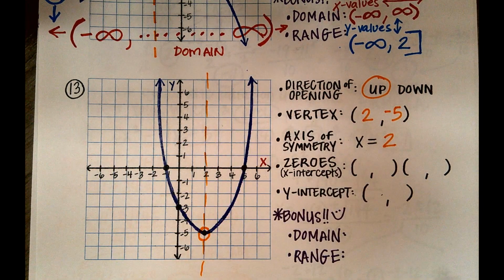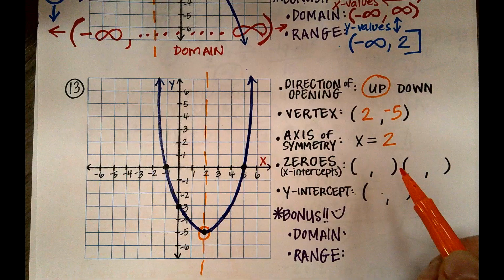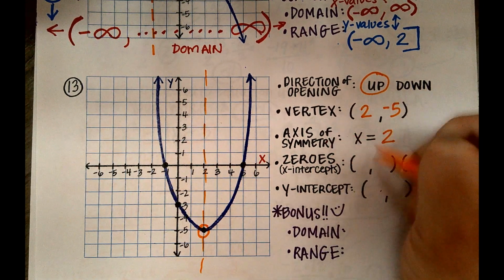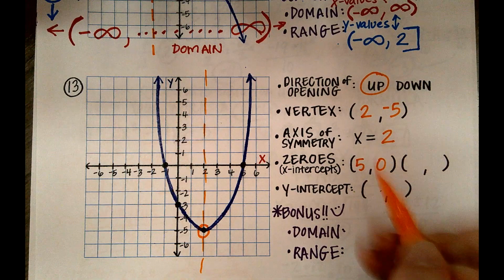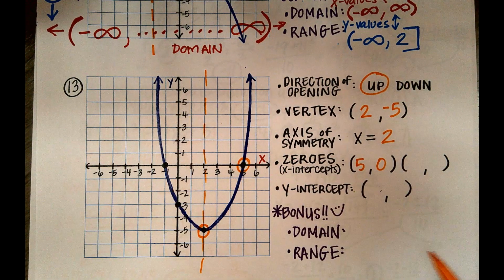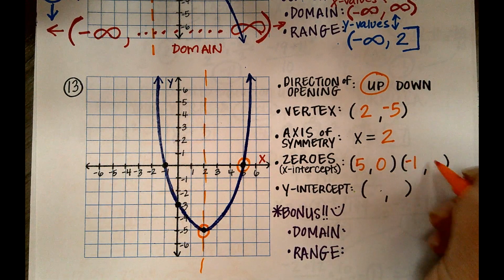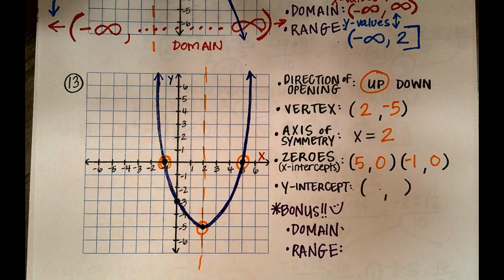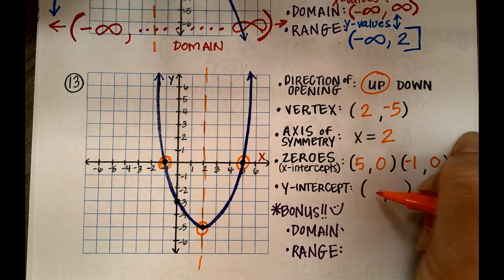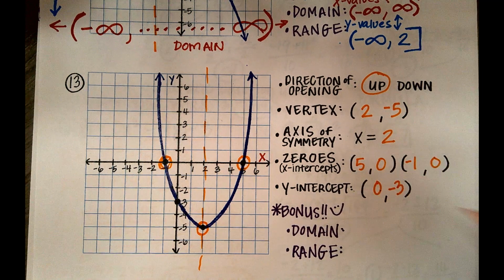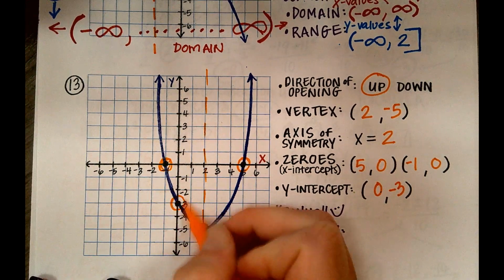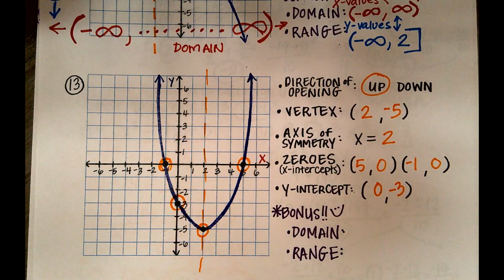And then I put 2 more, 5 and 0. You didn't mess up. That's right. And then -1, 0. And then 0 and -3. Aced it. Very nice.